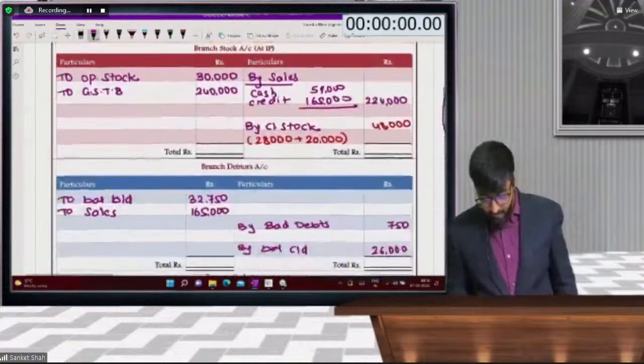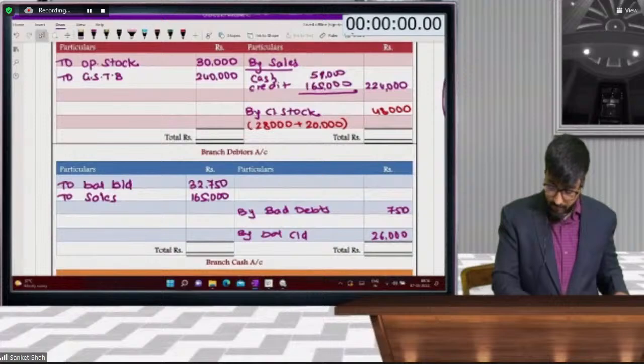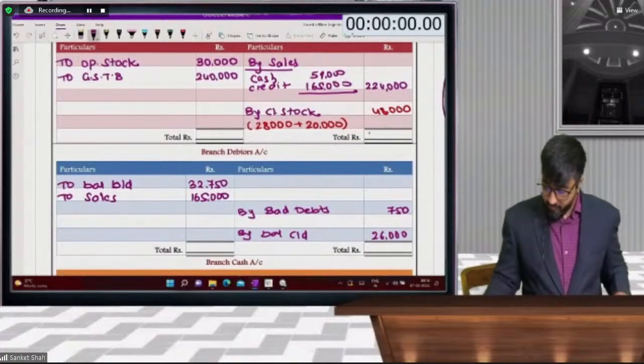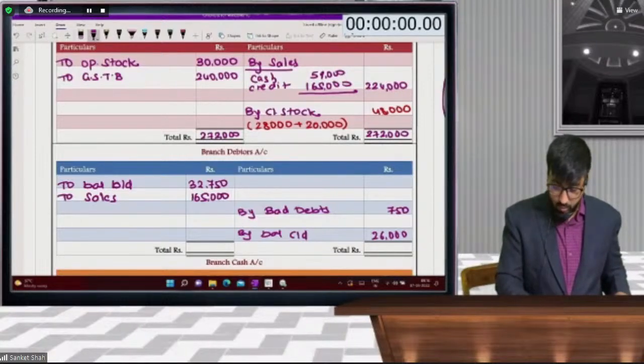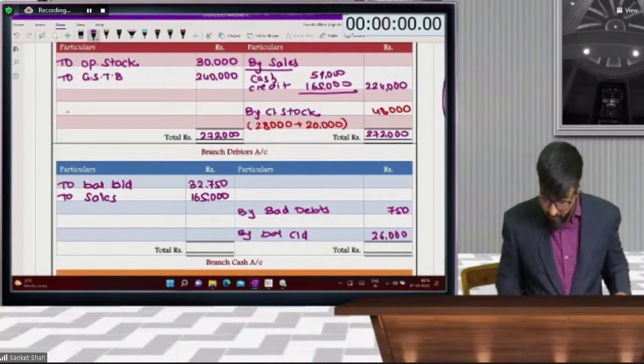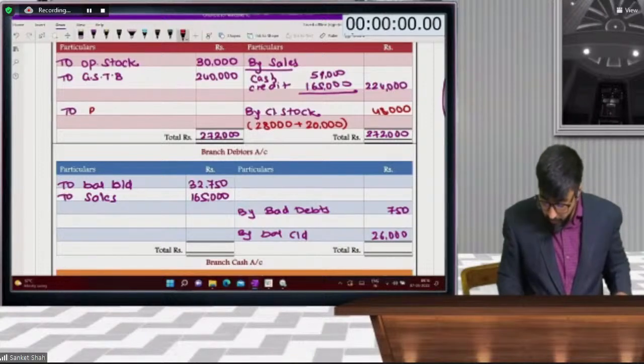Okay. चलिए अभी क्लोज करते हैं. $2,72,000 minus 30 minus 240. Two, now red pen. To branch adjustment.